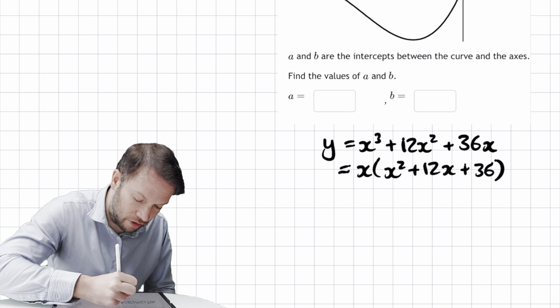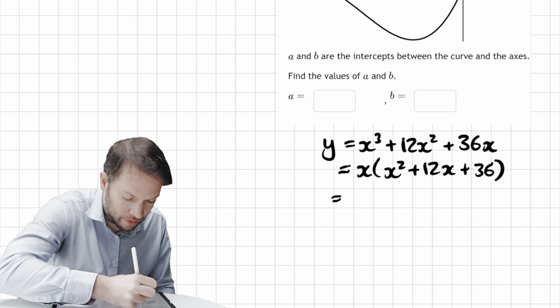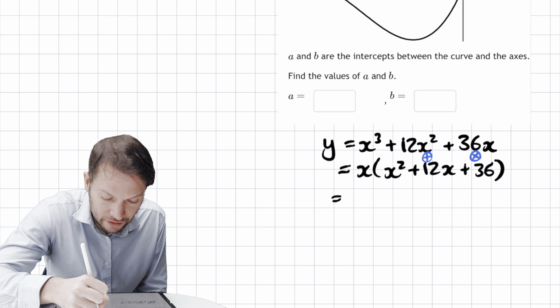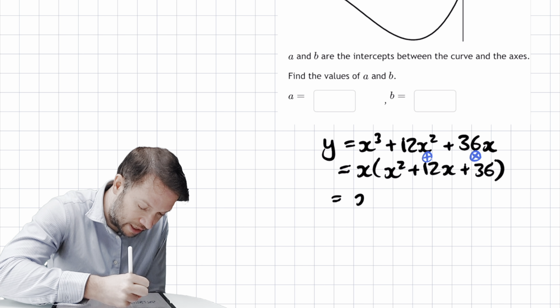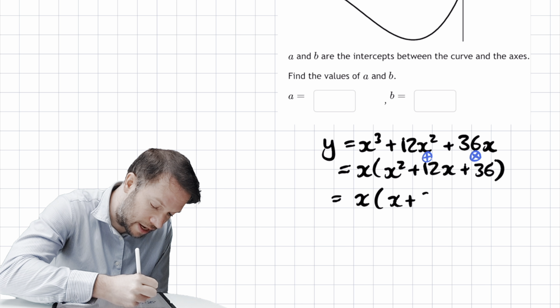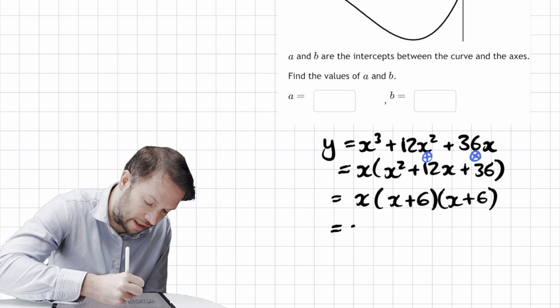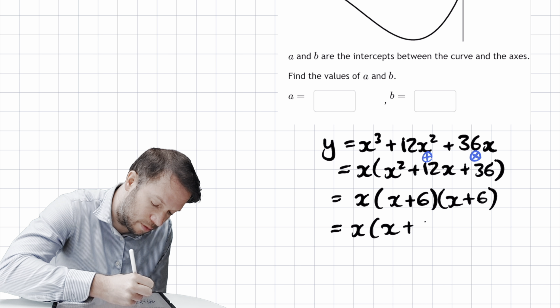And now what two numbers add to give 12 and times to give 36? Well, they're 6 and 6. So we're going to get x, brackets, x plus 6, and then x plus 6 again. But we could write that as x times (x plus 6) squared.